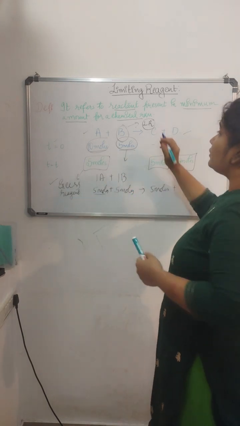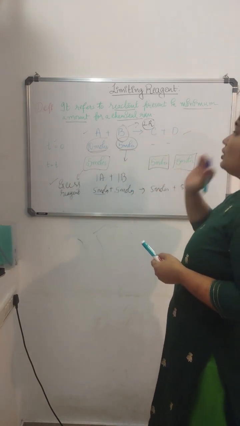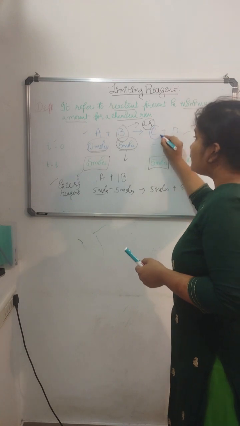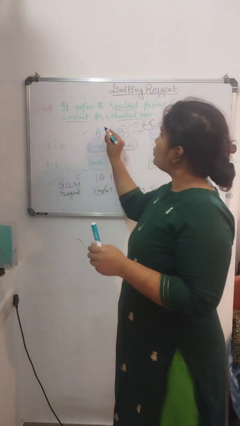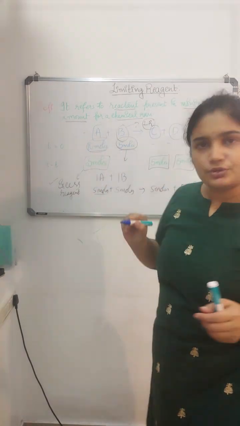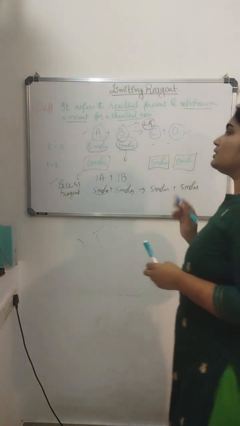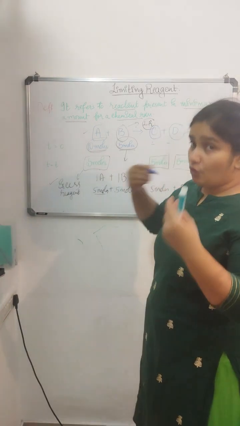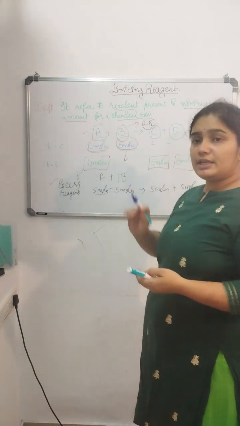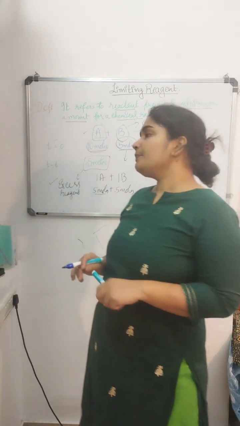The limiting reagent is the one that will decide how much of C is formed, how much of D is formed and how much of A is used. So the limiting reagent decides how much of the product is formed and how much of the other reactant is being used.